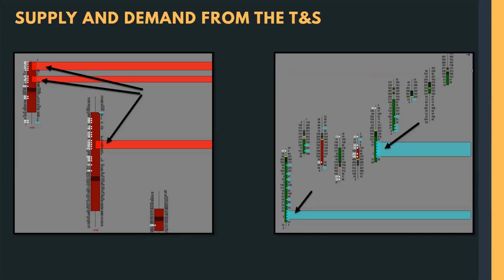But all jokes aside, what this is telling us is that there is supply and demand being created with evidence. When I say evidence, remember this: we're taking the information from the time and sales and putting it on the chart. The only way we would ever know that is happening is if we had a receipt.